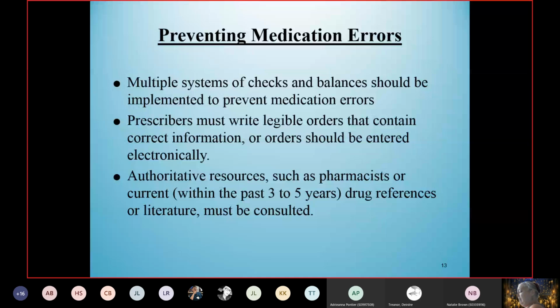So there's a lot of systems of checks and balances implemented to prevent medication errors. First, you got to have a legible order, and that has all the information that you need in order to do this. So if you aren't sure, call the doctor.